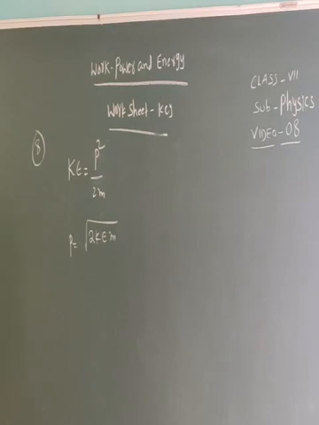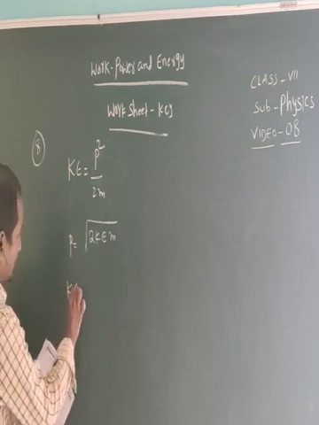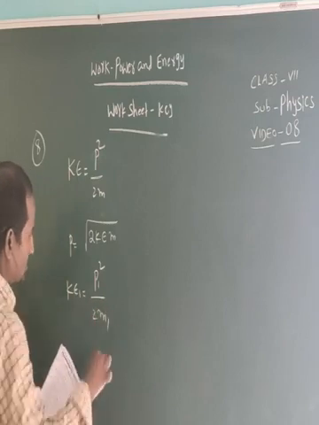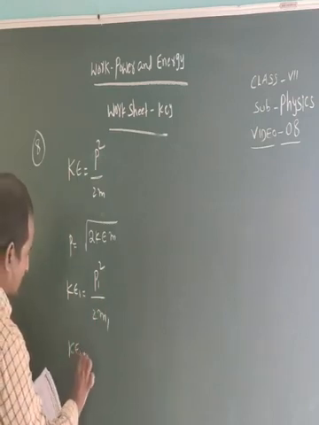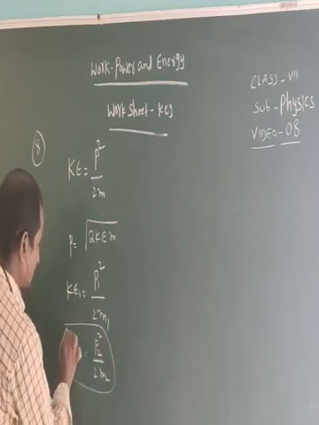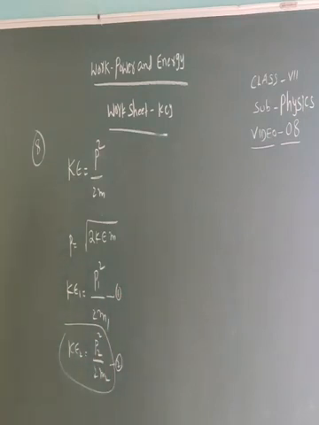So here K1 equals P1 square by 2m1 and K2 equals P2 square by 2m2. So it is equation number 1, it is equation number 2. Because of two bodies, first body kinetic energy K1, second body kinetic energy K2. But what is the given condition here? Momentum is equal.